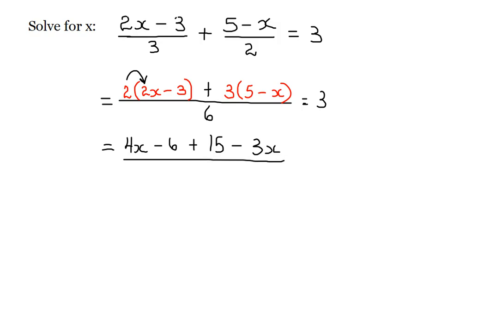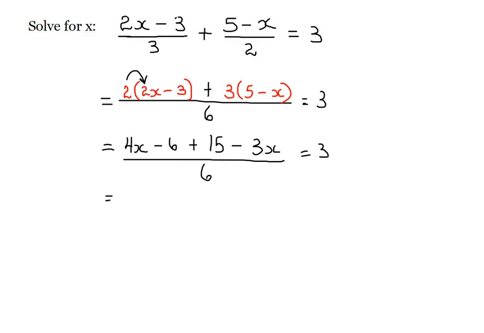Okay, so we have our numerator more or less expanded. We now need to simplify this before we proceed to solve the equation. I'm going to look at the terms in the expression in my numerator, and I notice I have 2 terms in x and I also have 2 constants. So I'm going to put my 2 terms in x together. 4x minus 3x is going to give me just 1x. So in my next line, I'm going to continue.